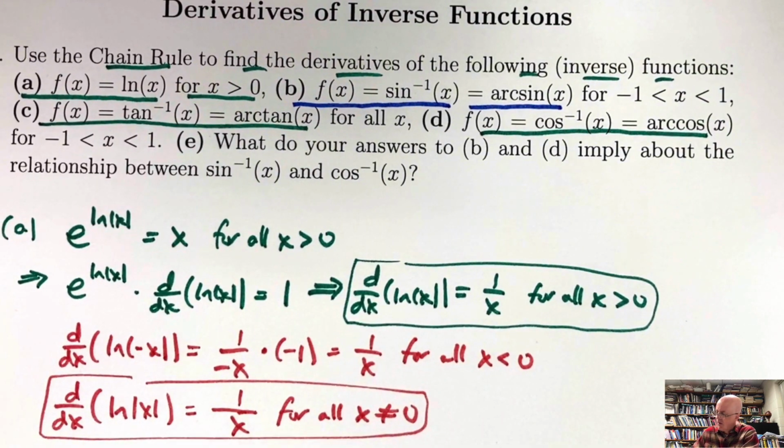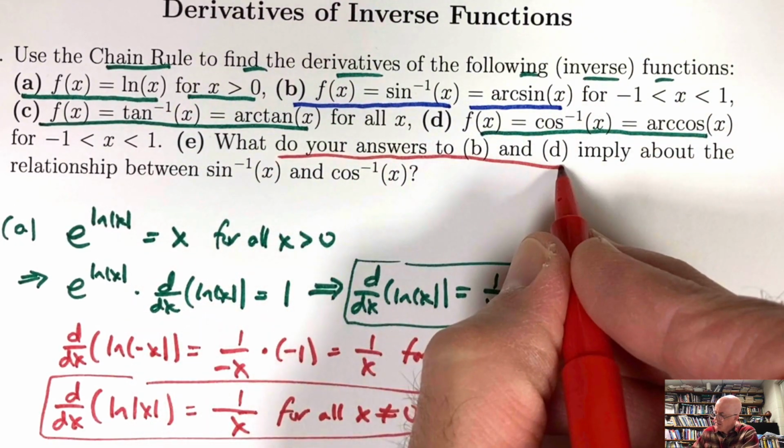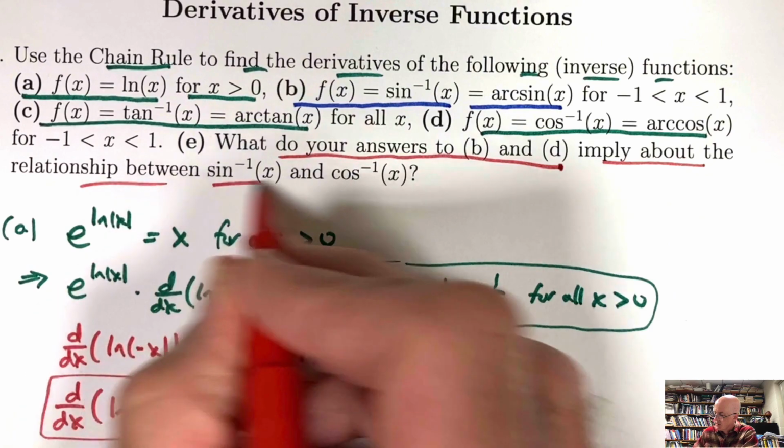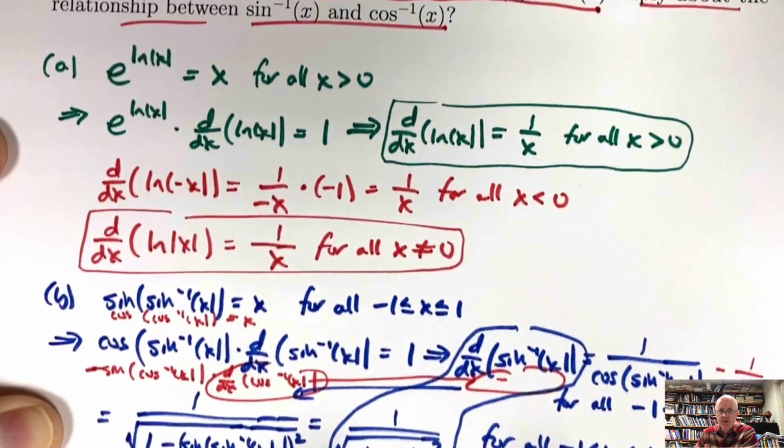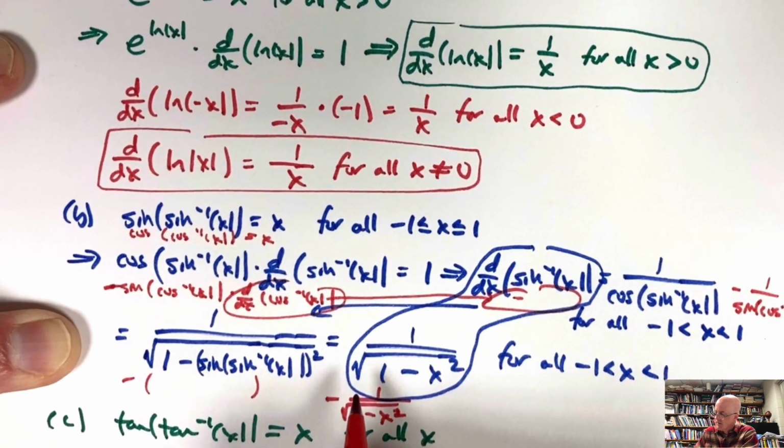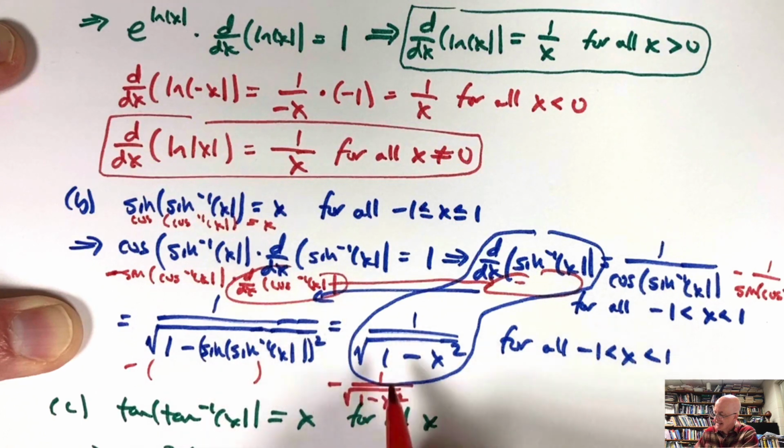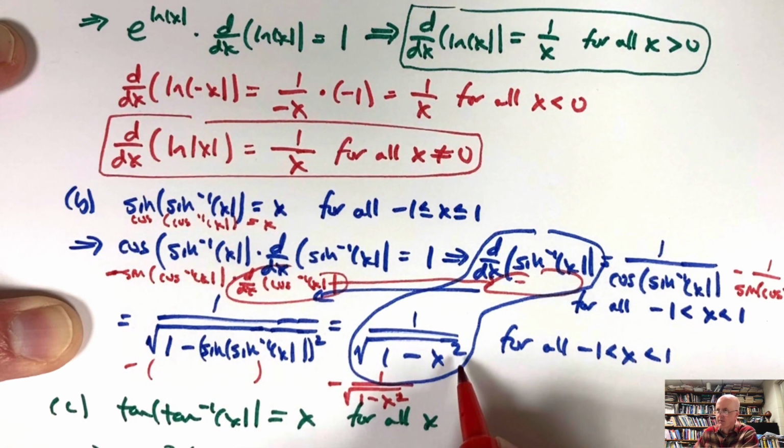Part E. What do your answers to B and D for the derivatives of inverse sine and inverse cosine imply about the relationship between inverse sine and inverse cosine? What we've just found is that the derivative of inverse cosine is the opposite of the derivative of inverse sine.